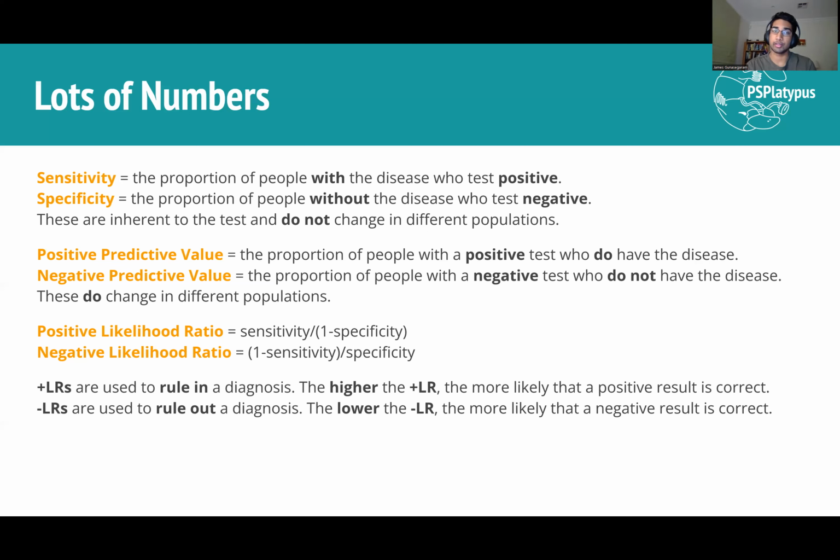So on a sort of abstract level, we can talk about sensitivity and specificity. We start with the disease population, so yes disease or no disease, and then we look at how the test interacted with that. In the predictive value, we start with the test results, and then we check how they match the disease.